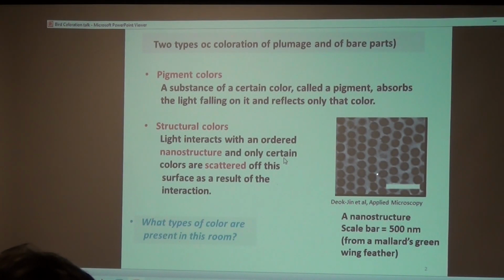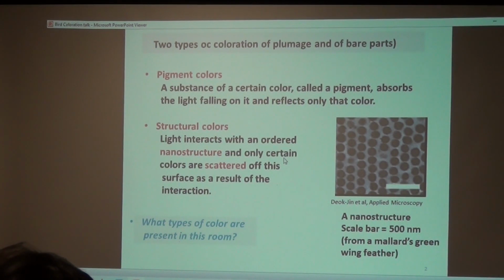And the other thing to note is that there's a somewhat regular arrangement of these blobs. We'll see later what these blobs exactly are. So when light interacts with a structure such as this, certain colors are scattered off of it, and that's what we see. And the microstructure per se need not have any color.